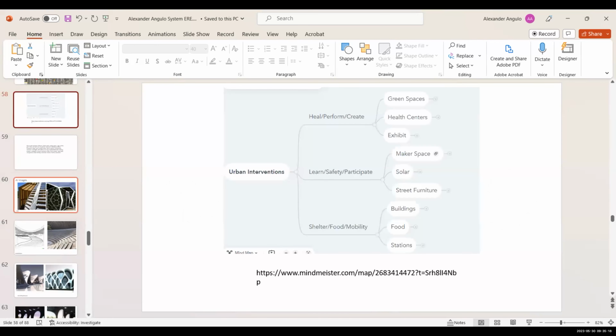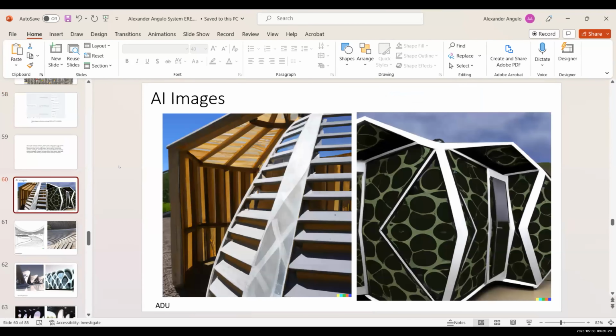And I have compiled a bunch of AI images for different ideas.